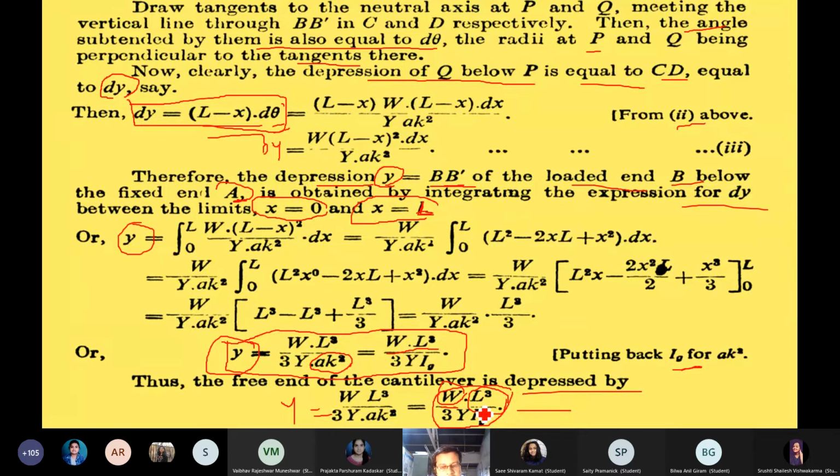Typically it depends upon the Young's modulus and the geometrical moment of inertia. So the more the moment of inertia, the less its depression.